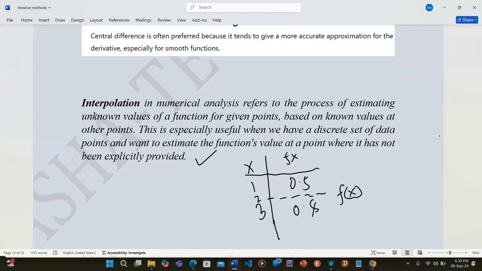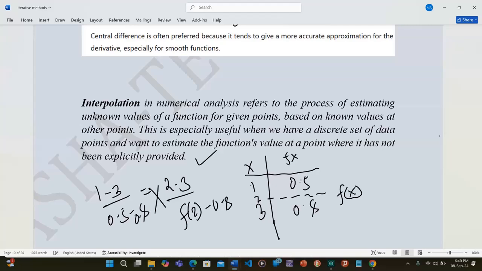Then you utilize, if it is linear interpolation, then you can say this minus that divided by this over this. For example, I can say 1 minus 3 divided by 0.5 minus 0.8 is going to be 2 minus 3 divided by f of 2 minus 0.8.